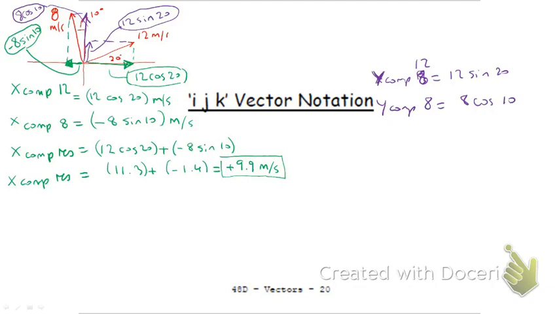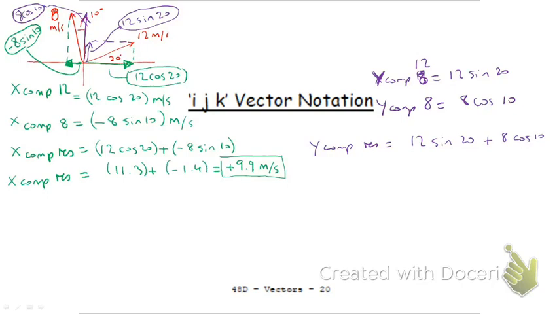Notice how for the 12 I have a cosine for the x and a sine for the y, but for the 8 I have a sine for the x and a cosine for the y, because I gave you the opposite angles.